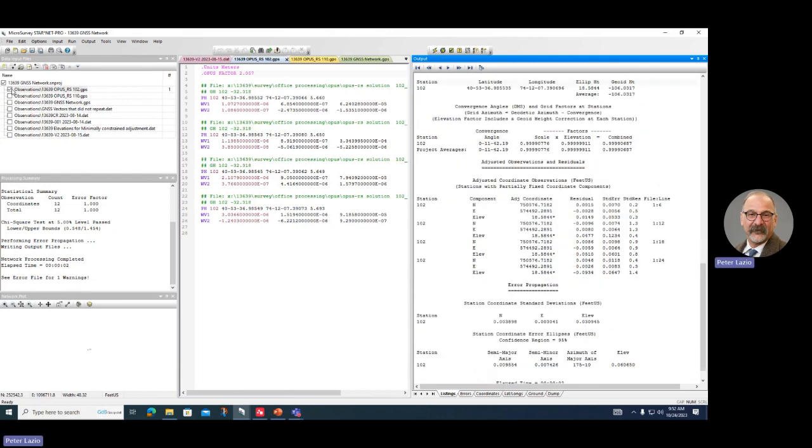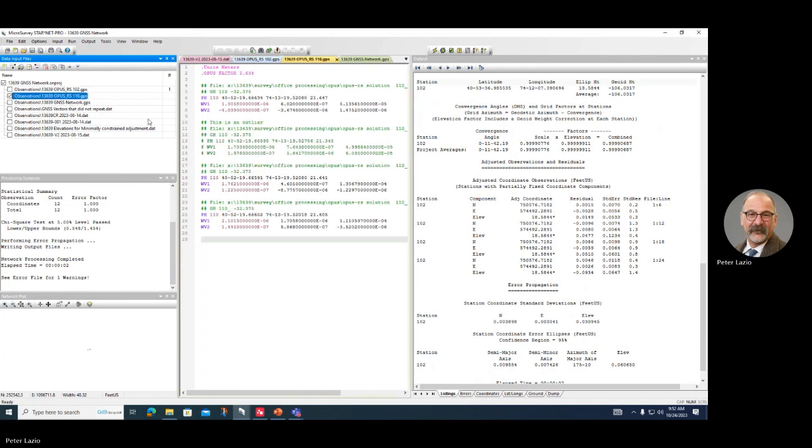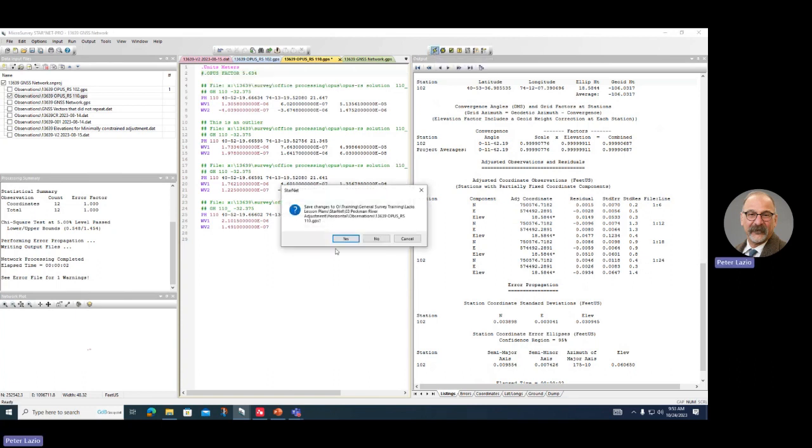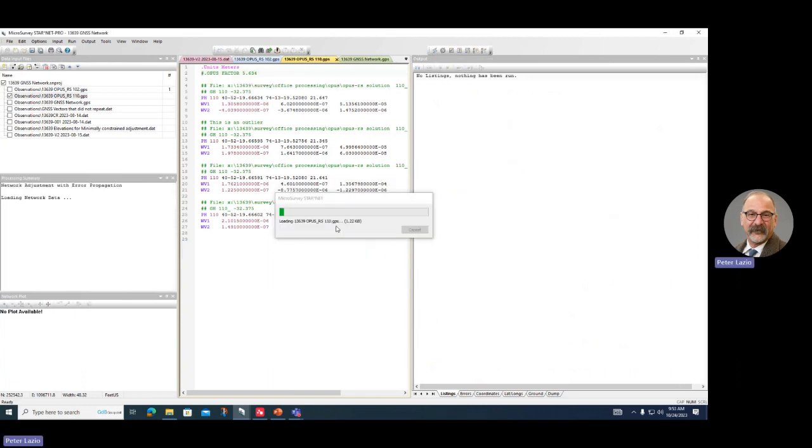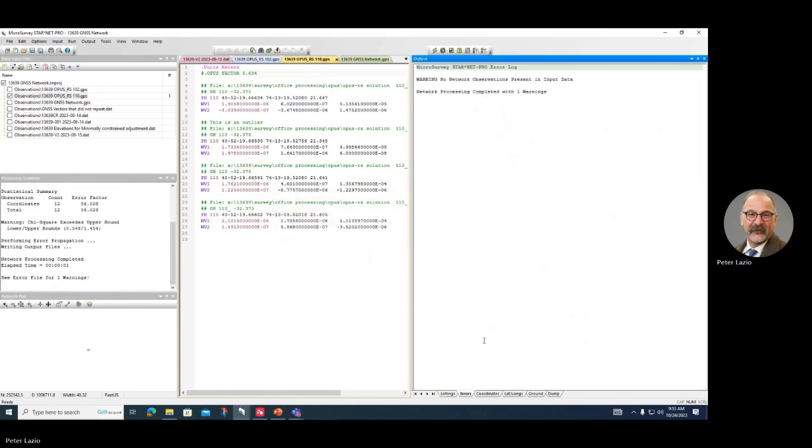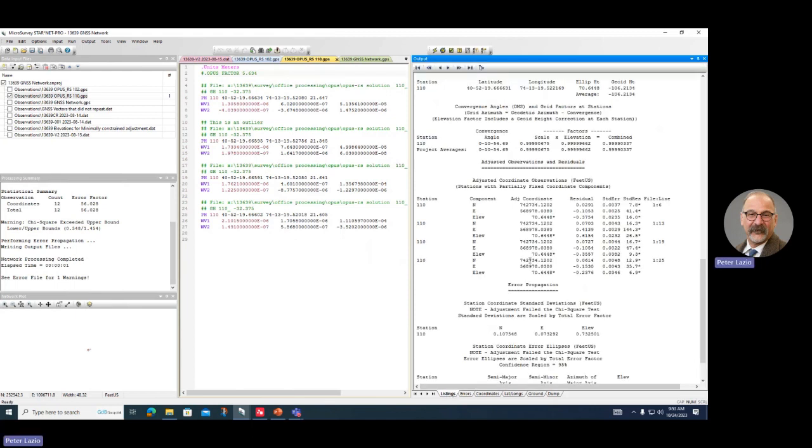Move on to point number 110. That's a nice error factor. I think we should plug that one in. Yep, happens occasionally.